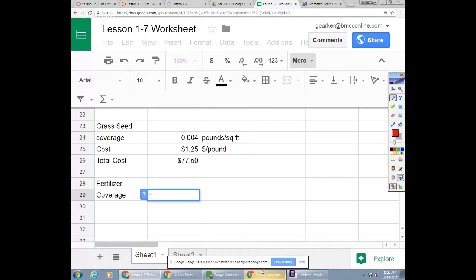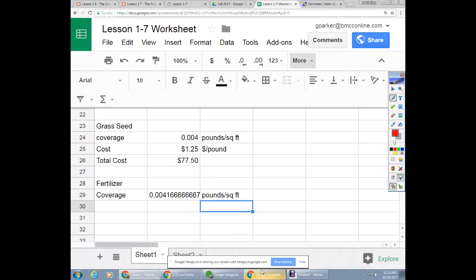So here I can just type equals 50 divided by 12,000, and make a note that that is pounds per square foot. And we could probably clean that up a little bit by dropping the decimal places. How about 4 decimal places should be enough to see?